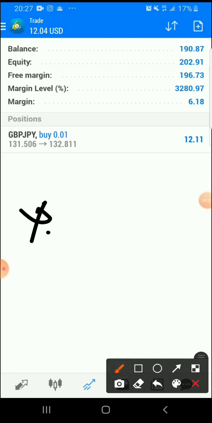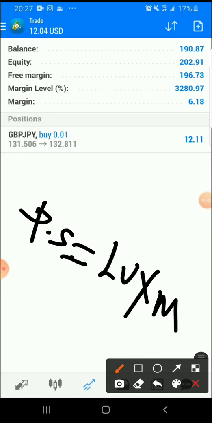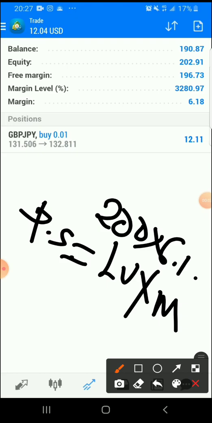Position size. So the position size is going to be equals to the leverage multiplied by the margin. Leverage multiplied by the margin. Now let me tell you, when I was running this particular account, my leverage was 200:1. So I will show you exactly what position size I was trading. So therefore, in that case, my leverage, which is 200, multiplied by my margin 6.18. What is the position size?